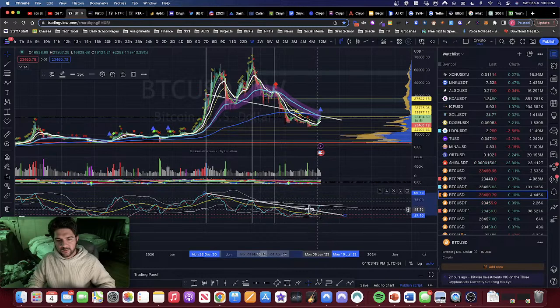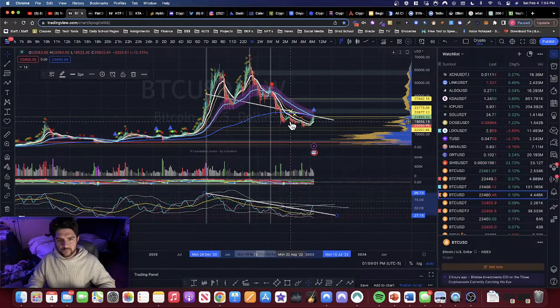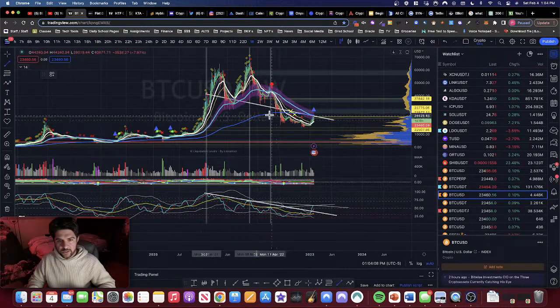Or is this the end of the trap? And here's where they trap the bears down in here. Now we've trapped all the liquidity down here for the bears, where we will continue on up.